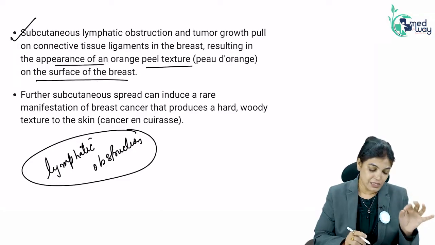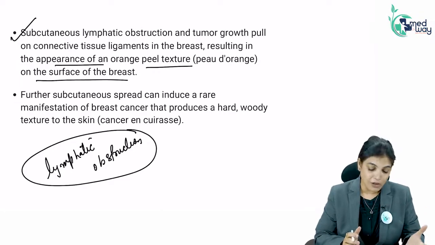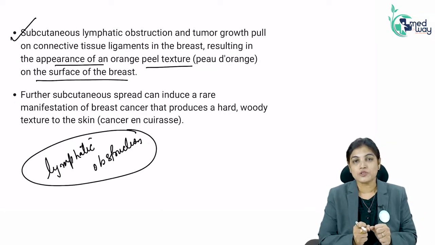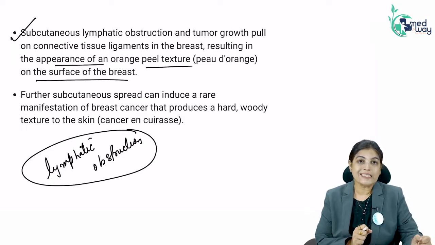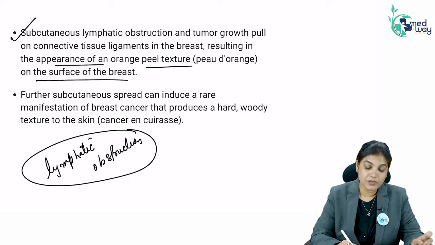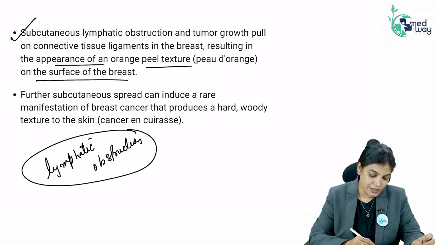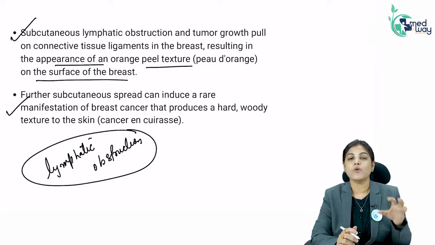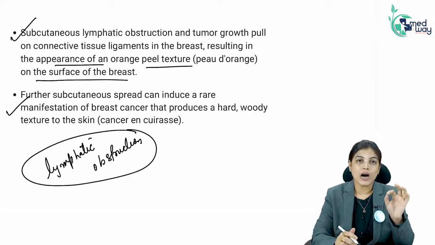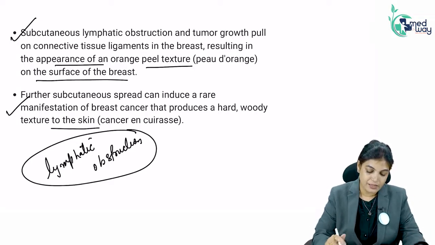So lymphatic obstruction pulling the connective tissue ligament is the reason for the orange peel appearance of the breast. Subcutaneous spread can cause a rare manifestation of breast cancer, in which the whole breast will have a wood-hard texture of the skin.